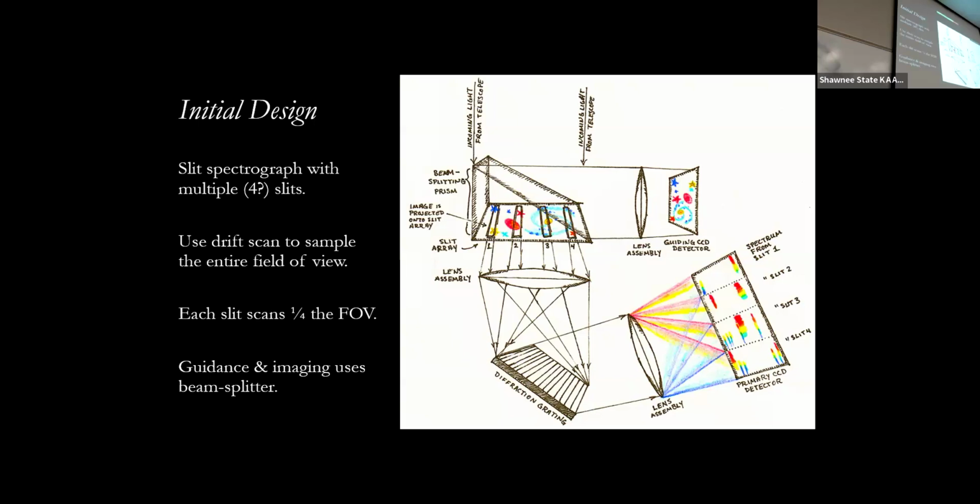So my original idea was to do this on a budget and with a two-man operation. How about just have the light coming in from the telescope there? We've got a prism, really just as a beam splitter, to split off some of this to go over to the guiding camera. And then the rest of the light comes through.